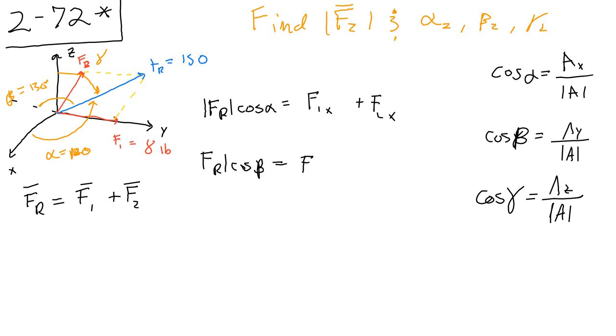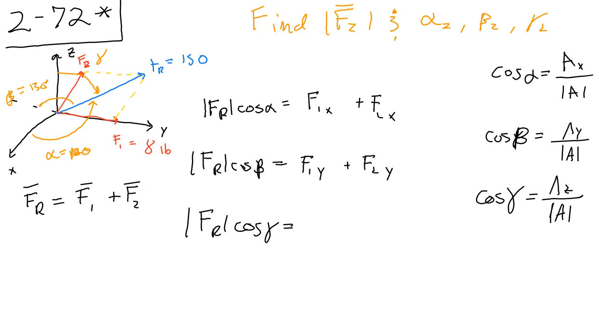Then the same for beta: Fr cosine beta equals F1y plus F2y. And Fr cosine gamma, get the idea, right?